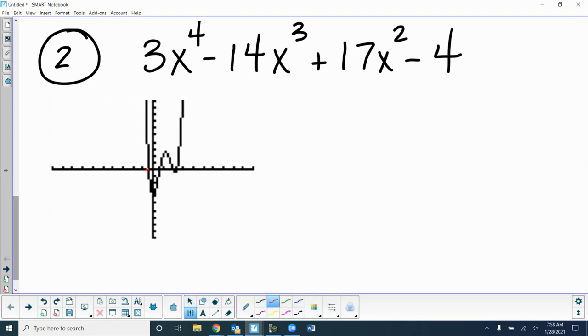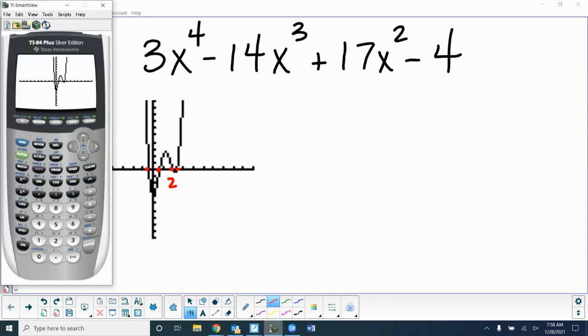All right, so we got 1, 2, 3, 4. There's 2 really close there. Okay? Because you can see it goes a little bit below there. So you just got to pay attention to that. Okay? So I know this one was the 2 right there. But I'm gonna find this one over here on the left using the calculator.